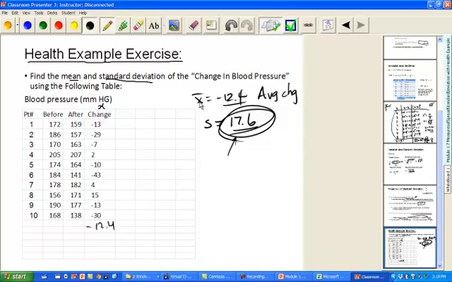It's 17.6. As you can see, some of them went way down, some of them got higher, right? So what this might tell us is that the amount of change varies wildly. It possibly could mean that whatever it is they did to get the new blood pressure values maybe didn't work. Maybe for some people it really worked, but for others it didn't do anything. You know what I mean? So that's sort of what that tells us.